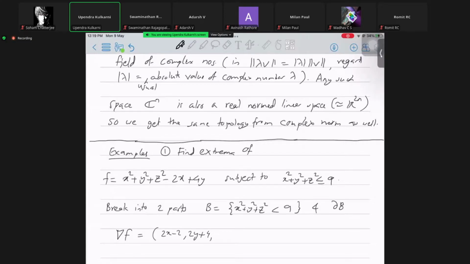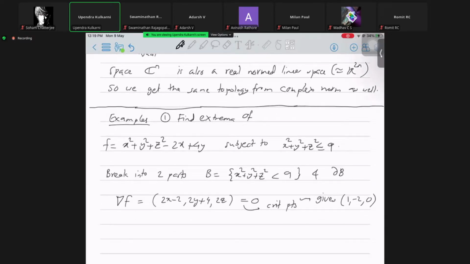This is just straight work, and this is equal to 0 for critical points. So that gives what? 1, minus 2, 0. And then I can calculate the value of the function on that, which I will let you do.